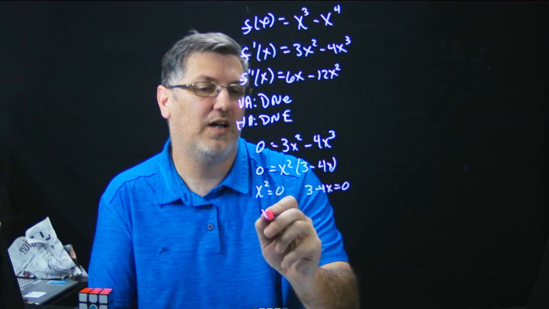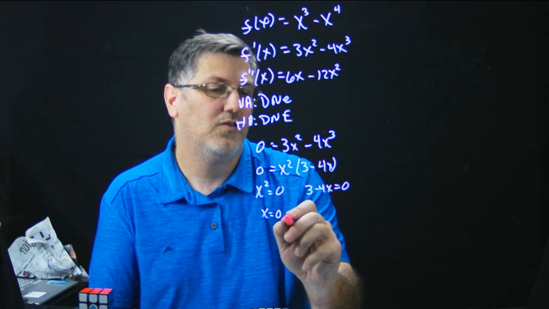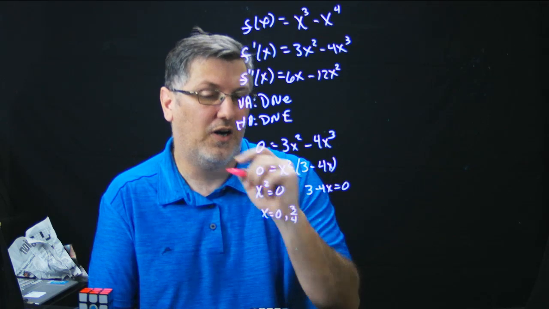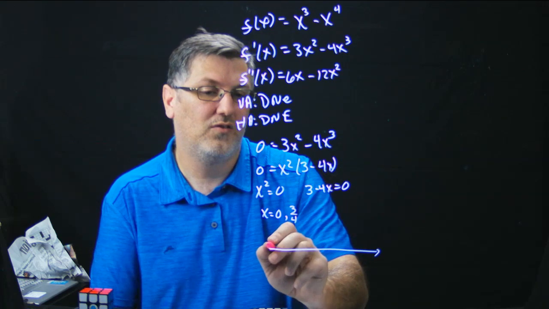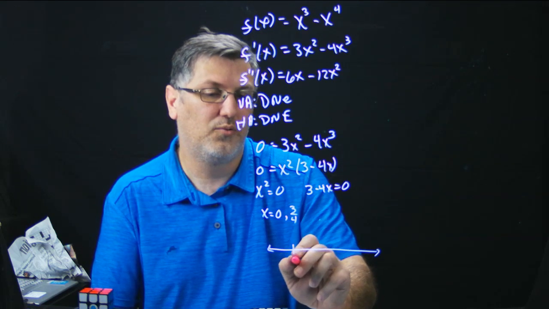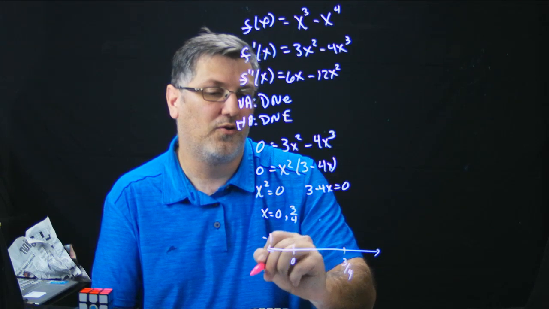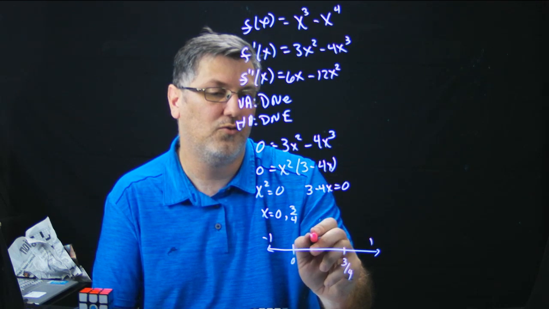And I've got x is going to be 0, and this is going to be 3/4. All right, so from there we can do my first derivative test. I'll put 0 here and 3/4 here. Pick a number smaller than 0, pick a number bigger than 3/4, and pick a number between them. So let's do 1/2.